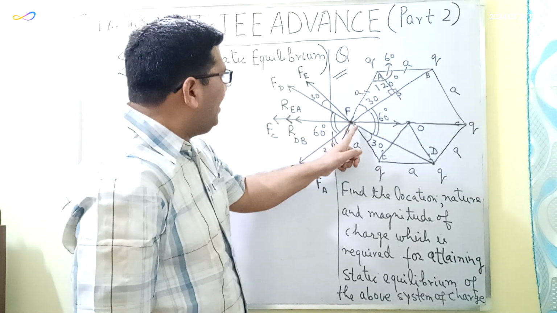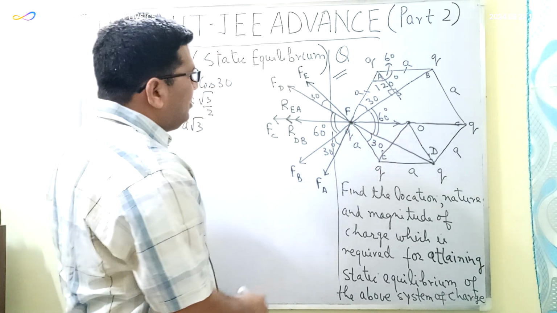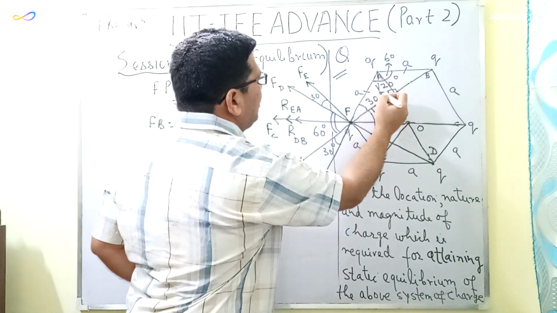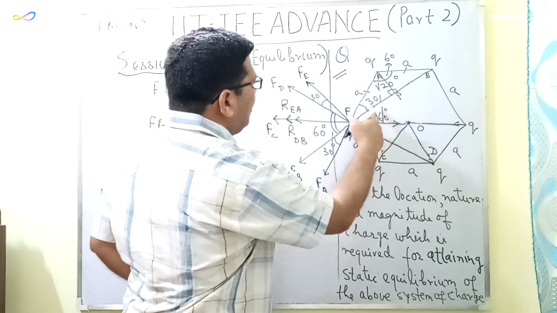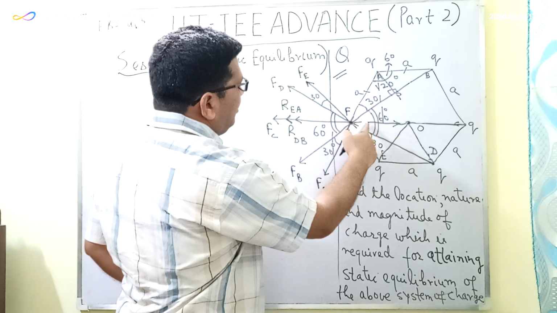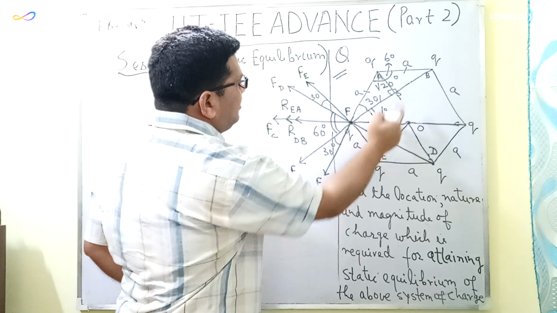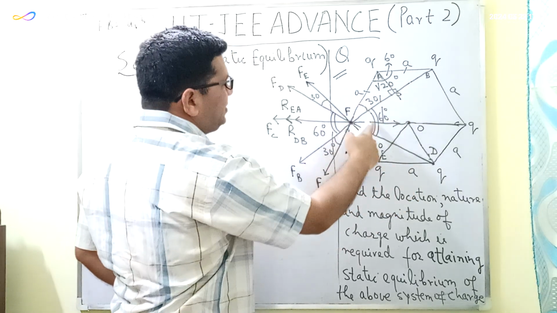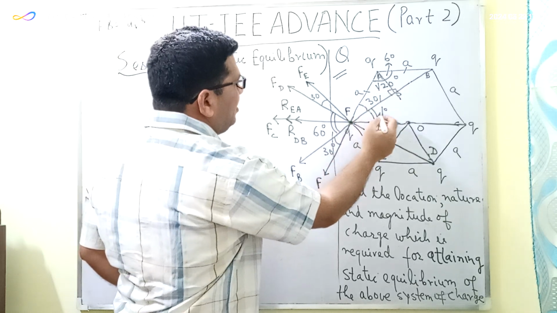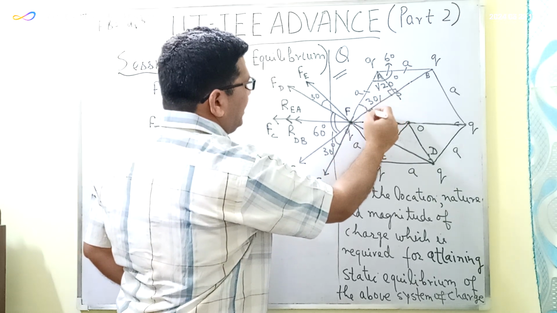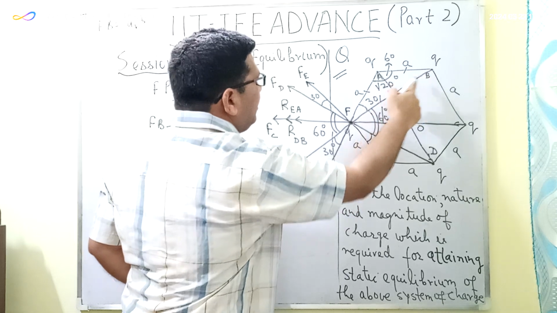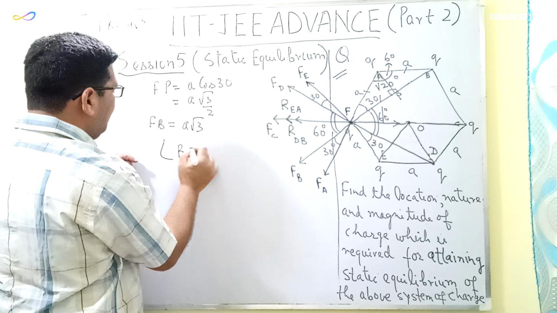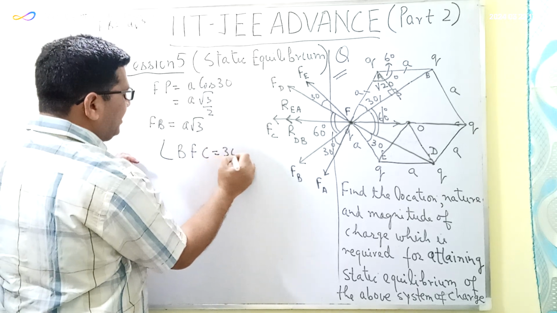Similarly, now we have to find the value of FC. See, I will just draw here one perpendicular from here also, like this. Now this is A. Now this angle, BFD, is equal to how much? It is 60 degrees. So angle BFC will be equal to 30 degree.